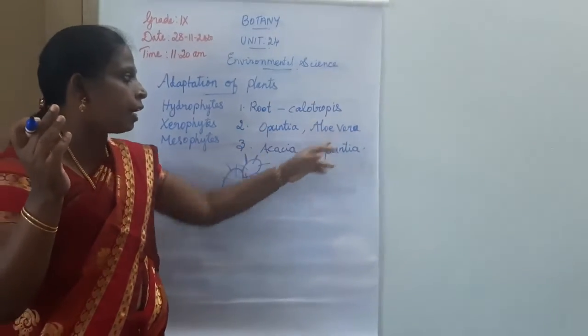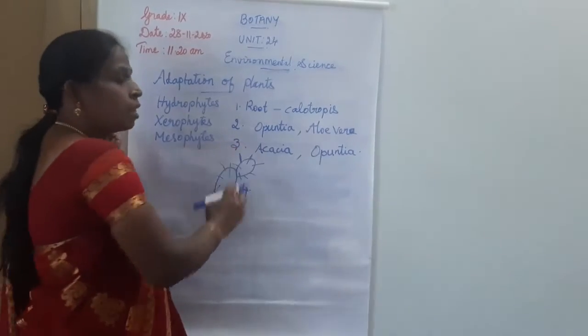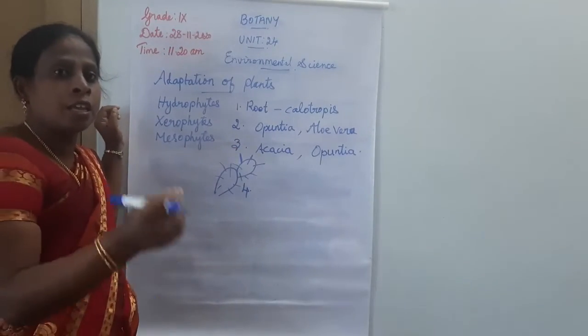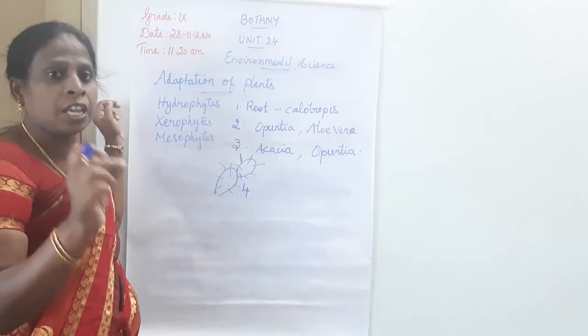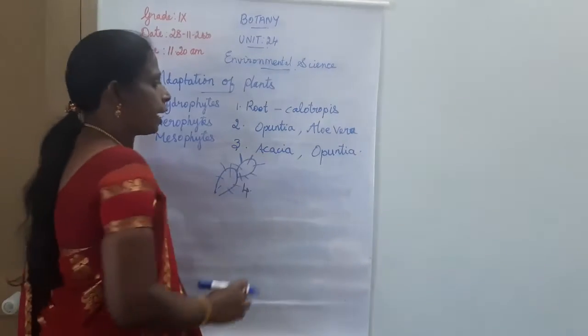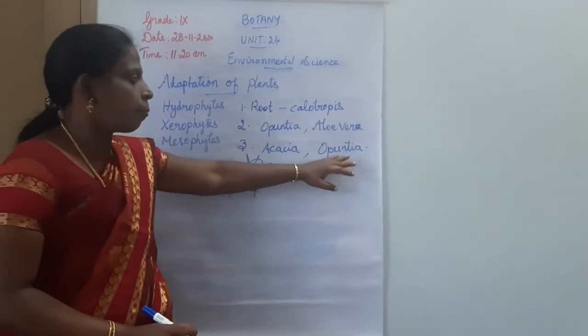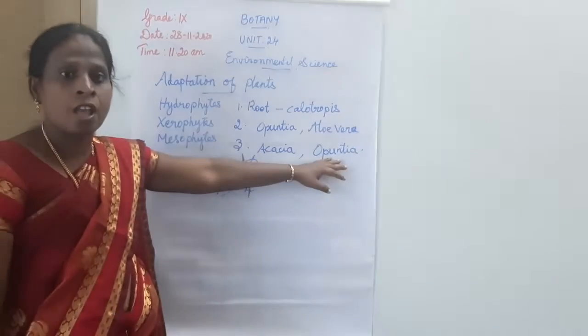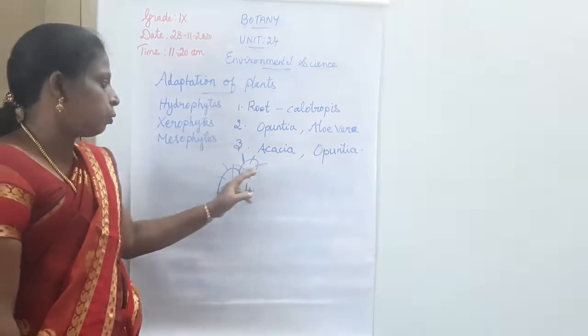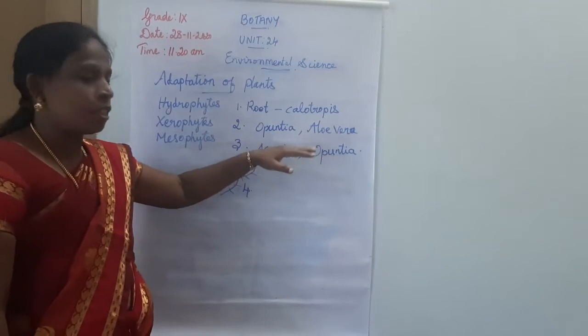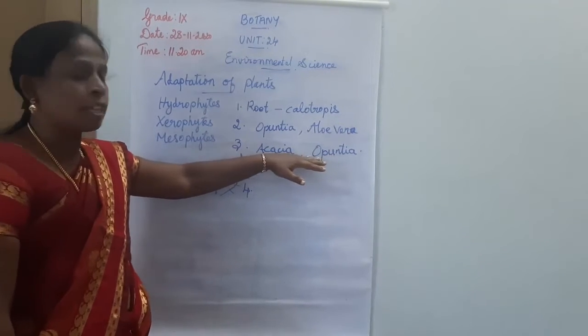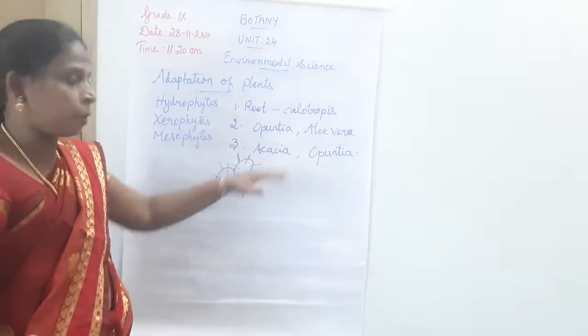Example, opuntia and aloe vera. Third one is about the leaf. In some xerophytic plants, the leaves are very small and consist of thick cuticle. Example, acacia. And in some plants, the leaves are reduced and modified into spines. Example, opuntia. This condition is helpful for reducing the transpiration rate.